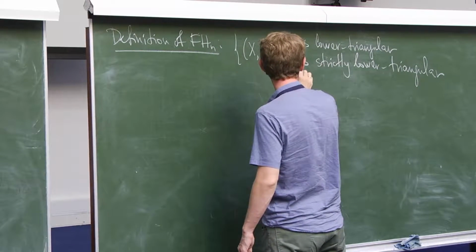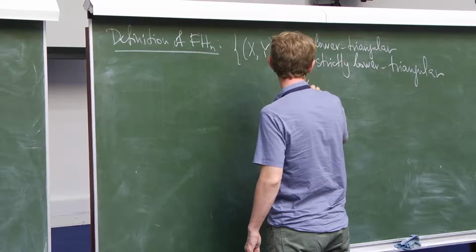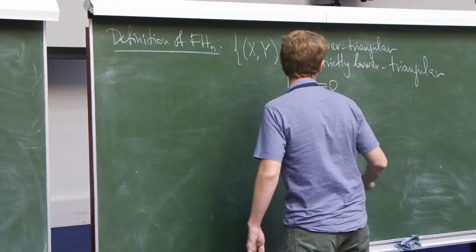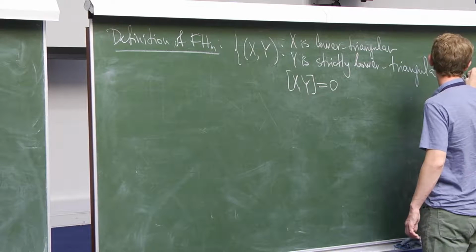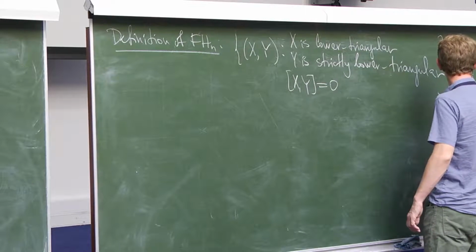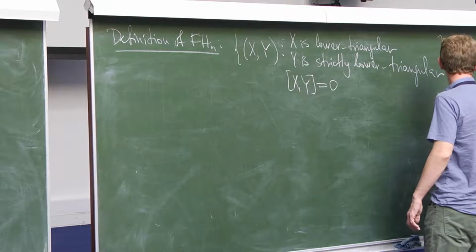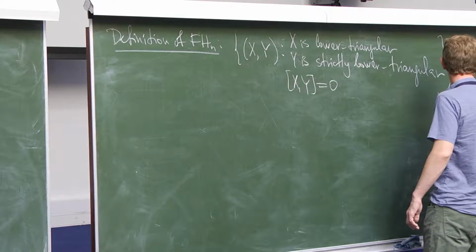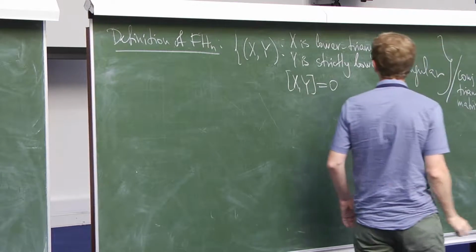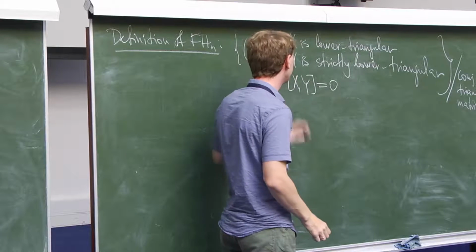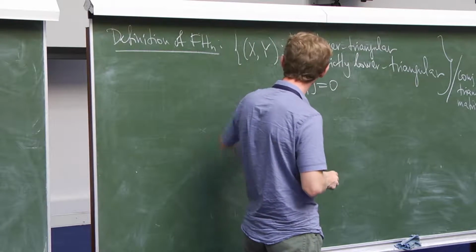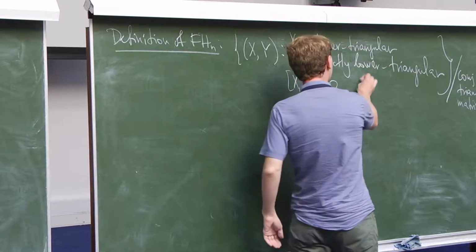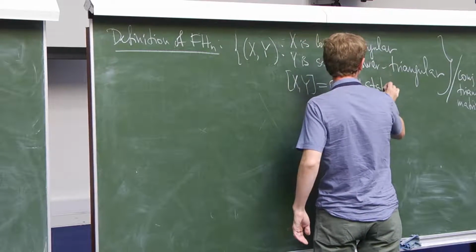And then X and Y commute, and up to conjugation by triangular matrices. So I'm lying a little bit, so there is some other stability condition here, which I don't want to mention, but essentially this is just a last, let's say, stability condition.